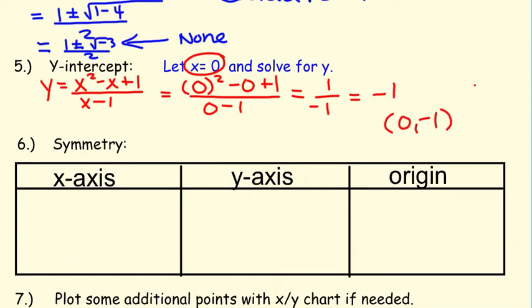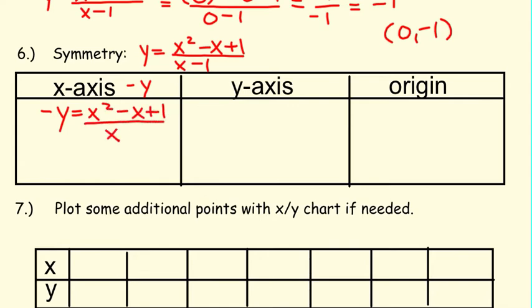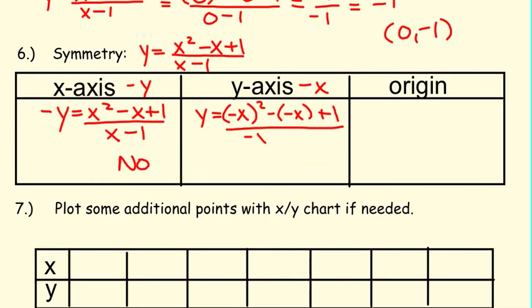Now we test for symmetry. So here's our original equation. We want the original back when we test it. So replace the y with a negative y. Not the same, so no x-axis symmetry. Replace the x with a negative x. Simplify that.